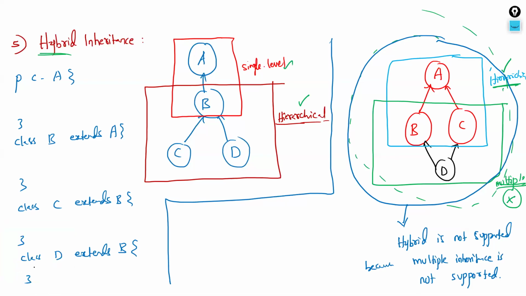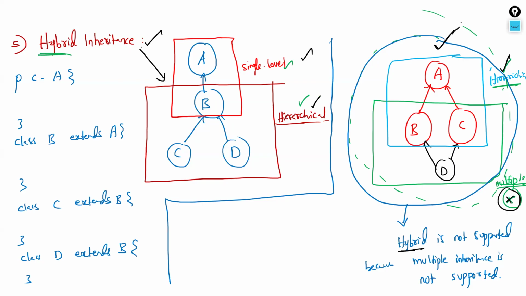Correct. So this type of hybrid is supported, because both are supported in Java individually. But this type of hybrid is not supported, because one is supported and one is not supported in Java.